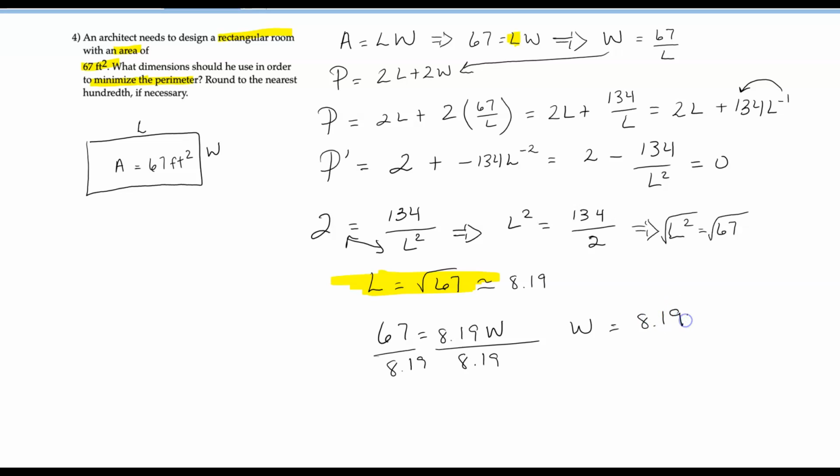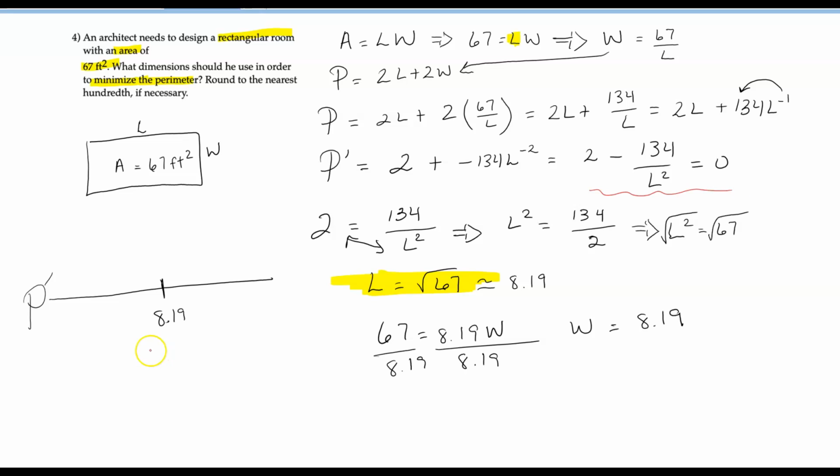All right, well, we haven't even tested if that is optimal, so what we're going to do next is test it, but at least now we've got the length and the width. Okay, so I'm going to plug 8.19 here. I've got it right there, and then I pick numbers before and after in my P prime formula, which was this one over here.